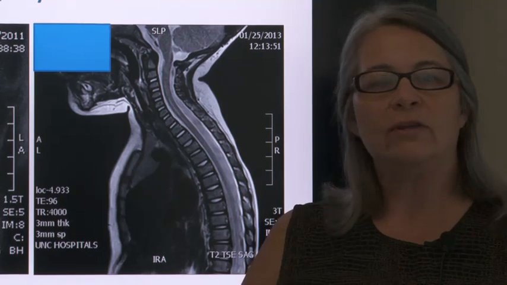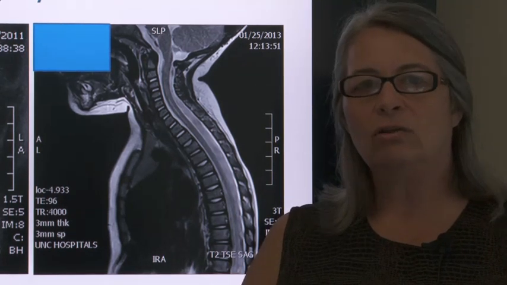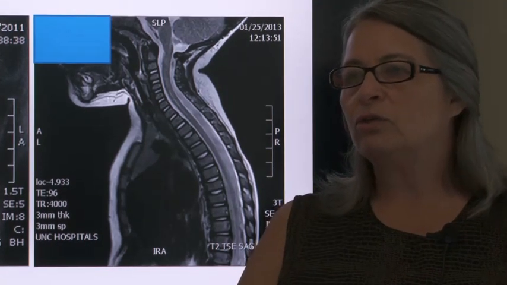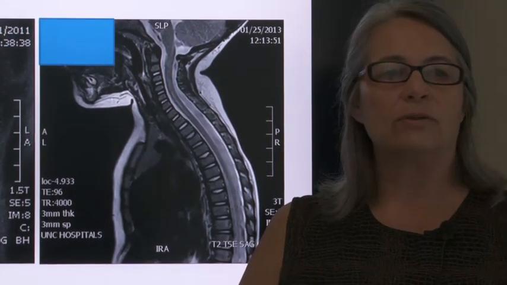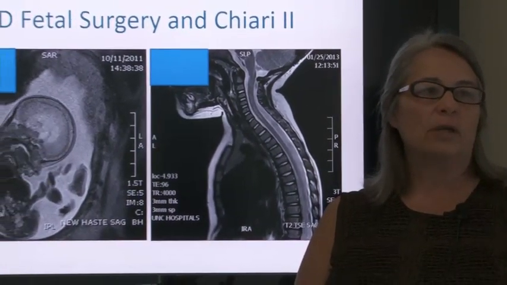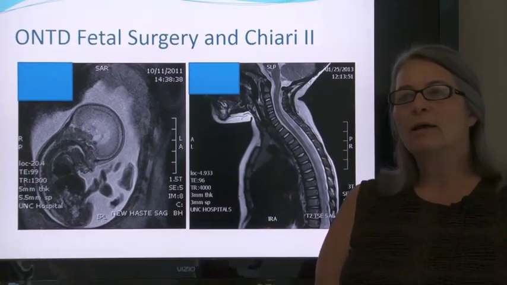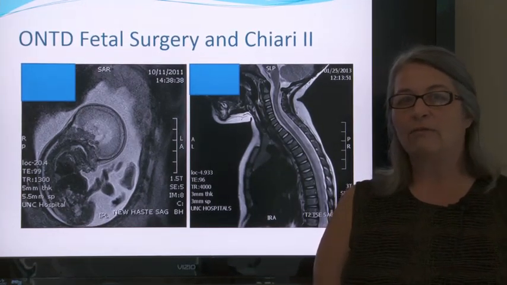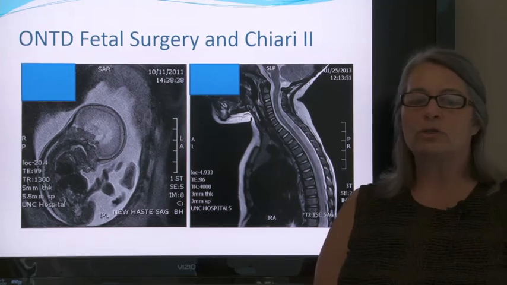What we have found, the NIH had a long study that found it, by doing this fetal surgery, it reduces the number of children who need ventriculoperitoneal shunts by as much as 30 to 40% from the postnatal closures.